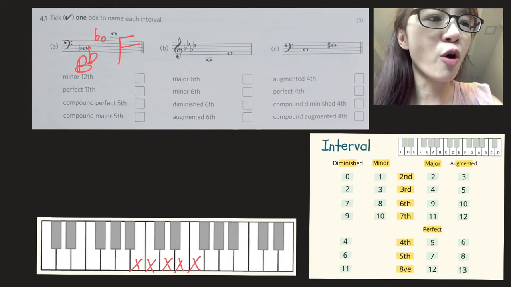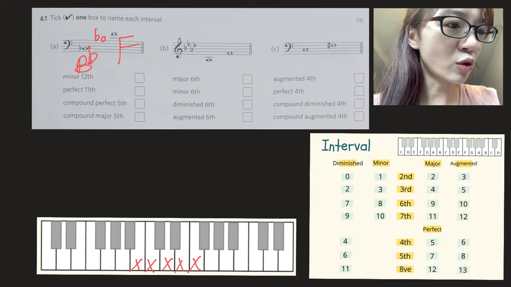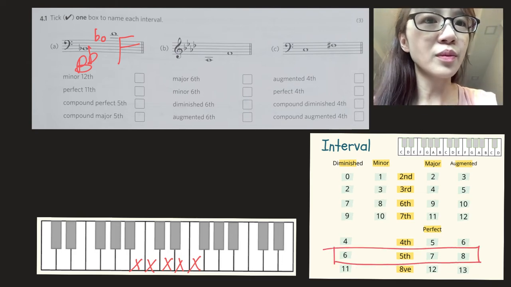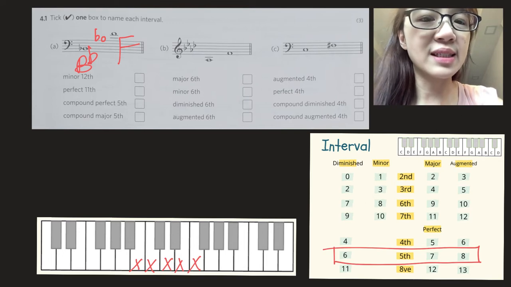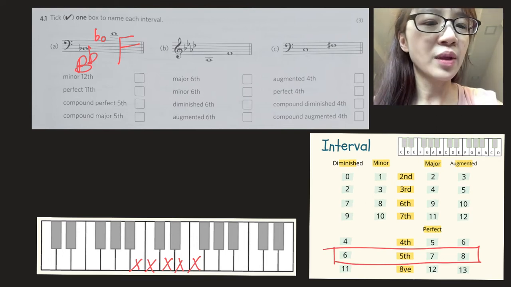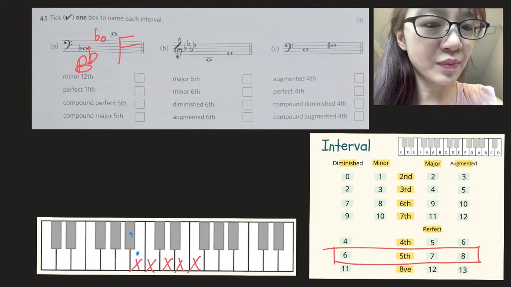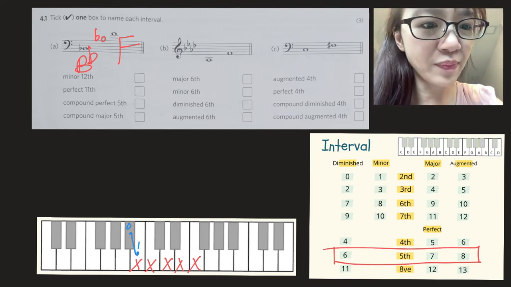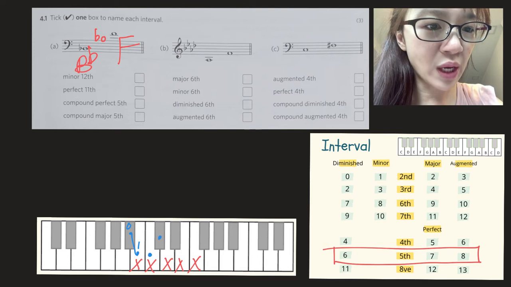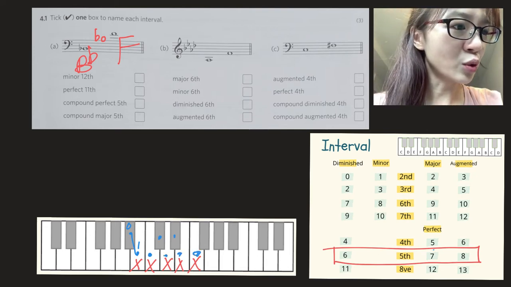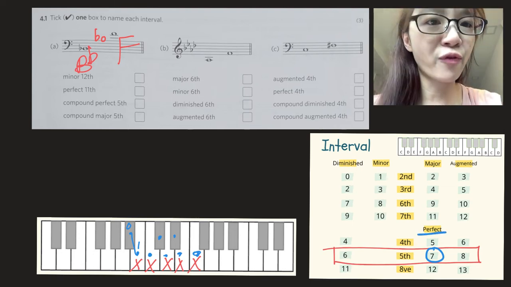Okay, so interval of fifth. Yes, so interval of fifth, and now count the semitones. So from a B flat, now you consider the sharp and flat. So 0, 1, 2, 3, 4, 5, 6, 7. So 7 is perfect. Yes, it's perfect fifth.